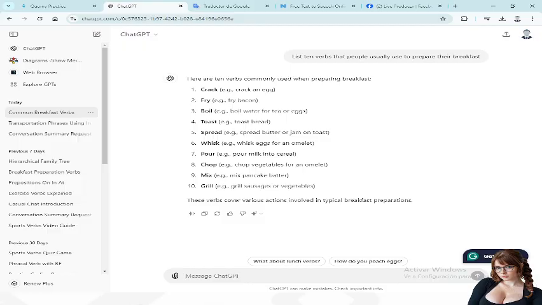In this order of ideas, we need to request ChatGPT to write the meaning of the verb crack. Remember that a word will have different meanings, depending on the different contexts.